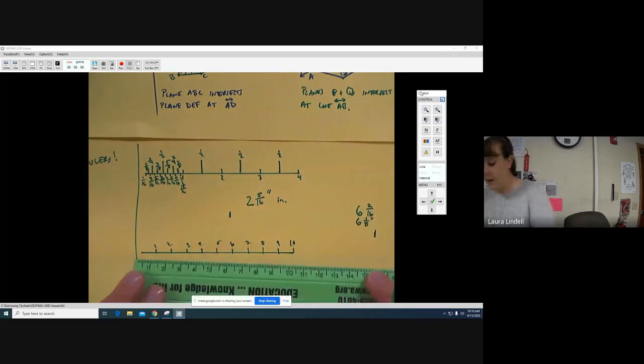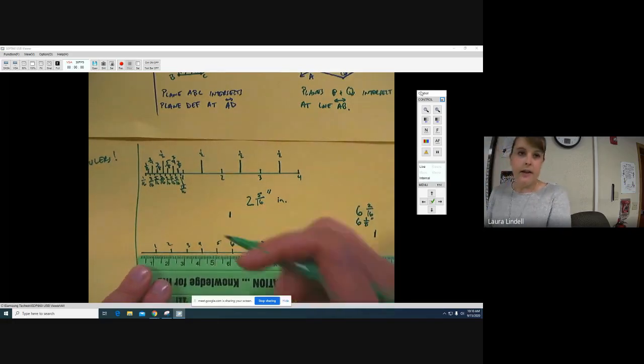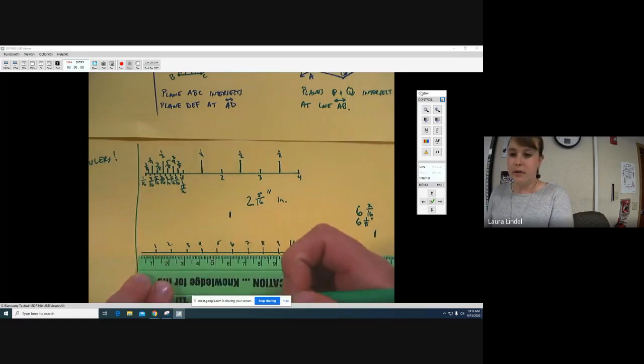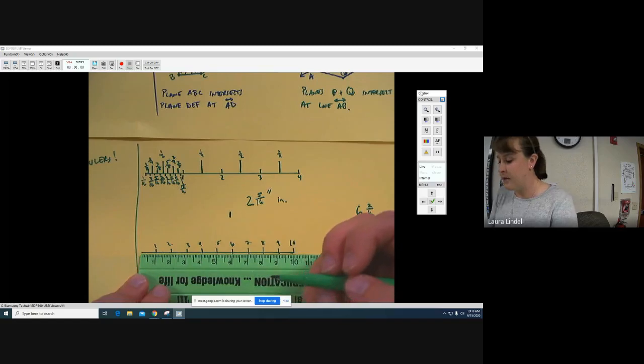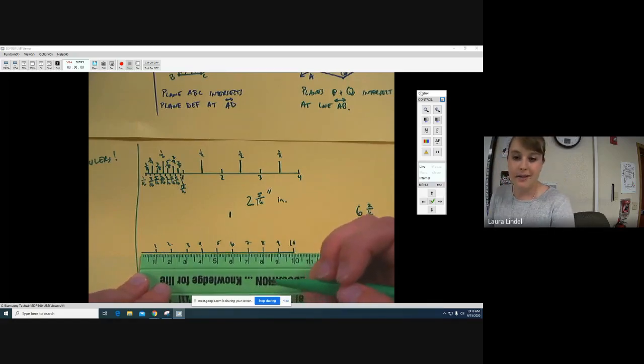When you break out centimeters, a lot of times they'll have a longer line for the half in the middle. But centimeters are broken out into 10 pieces. And 10 pieces, since we're in a base 10 system of numbers, is a lot easier to work with.